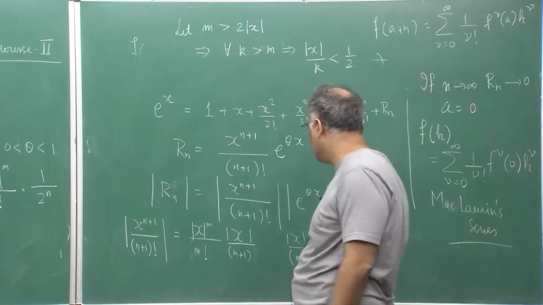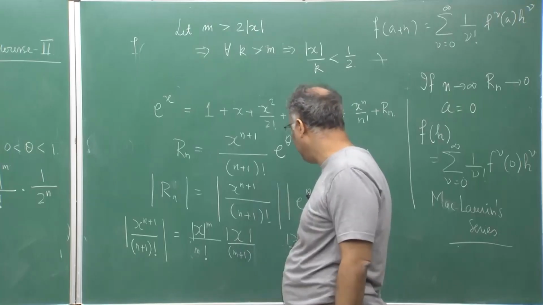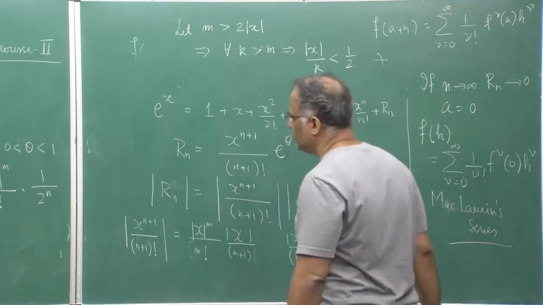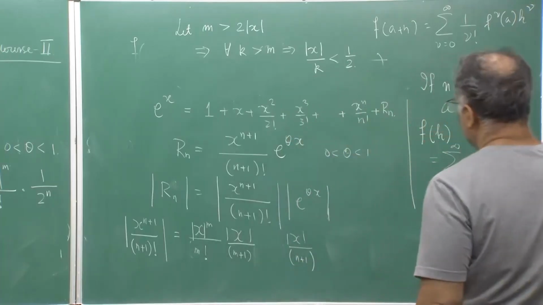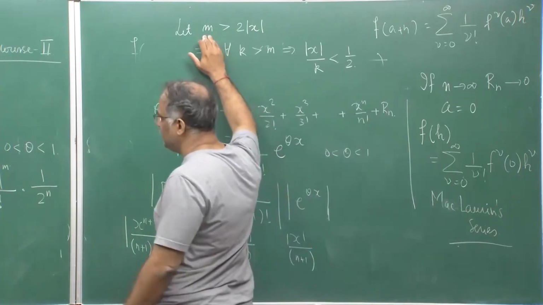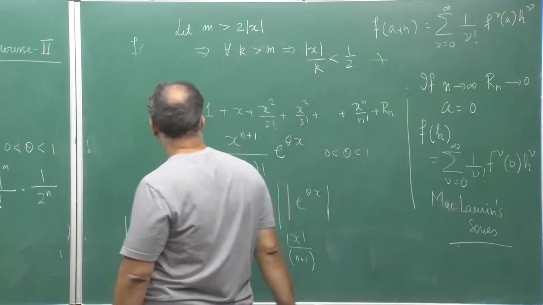So, how many terms are here? Here we have n plus 1 minus m terms, right, m terms being taken off. Let us now take m such that the value of m is strictly bigger than 2 mod x.